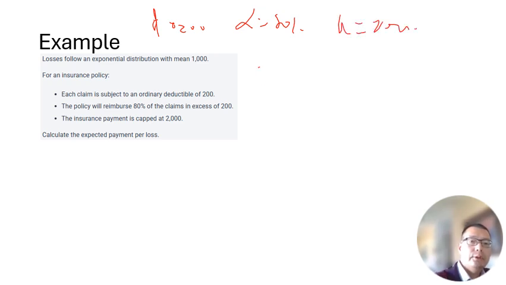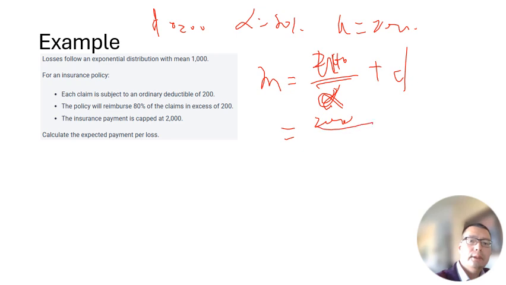Most important, we still need to calculate M. M is U over alpha plus D, which is 2,000 divided by 80% plus 200, which is 2,700.